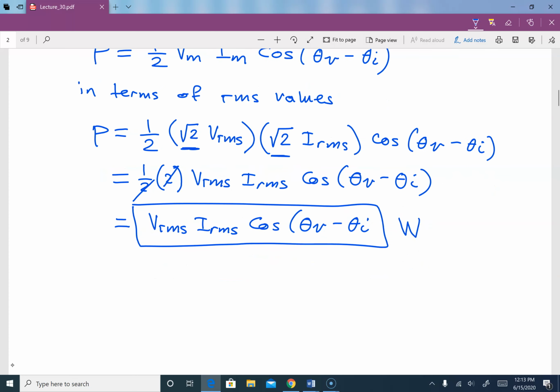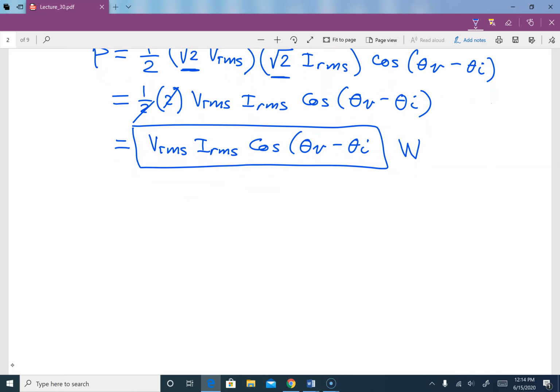So in terms of RMS values, you can see that the half disappeared. If we know the RMS voltage across an element and the RMS current flowing through it, then we will be able to determine the average power.